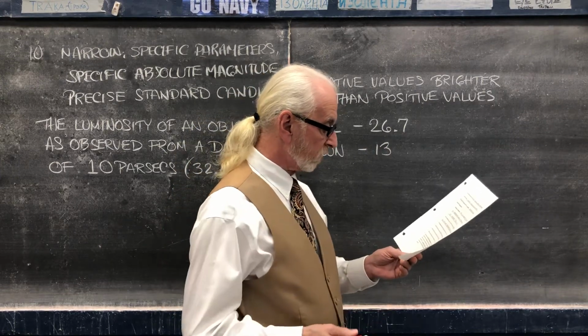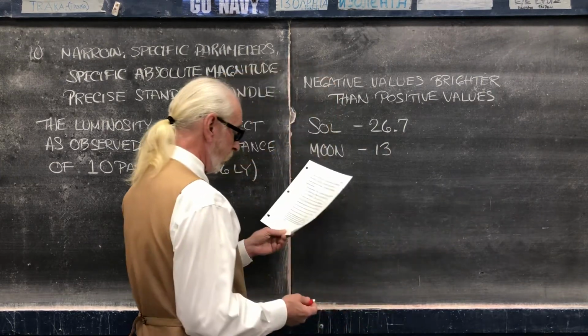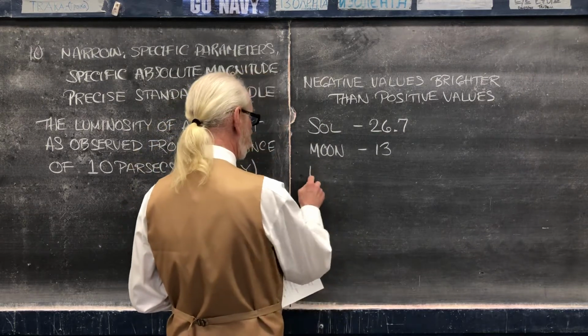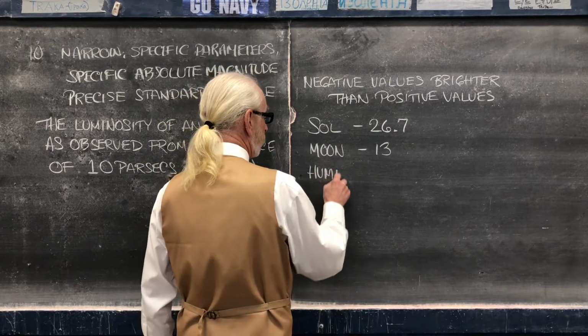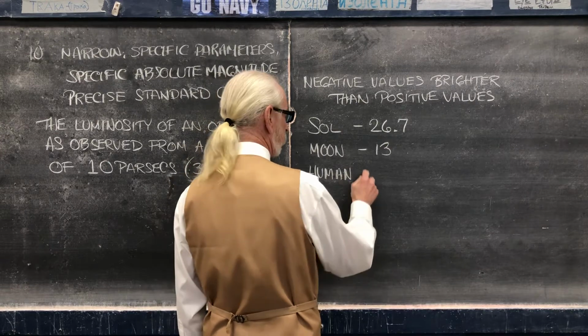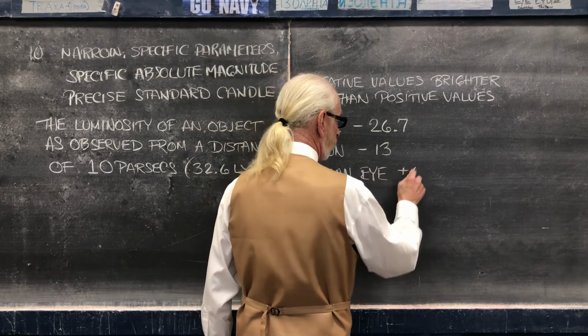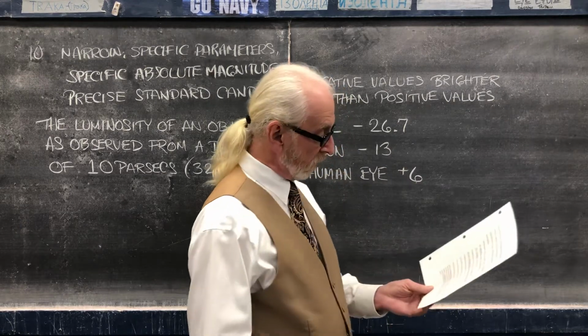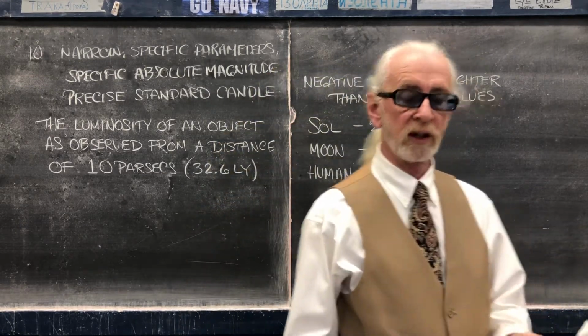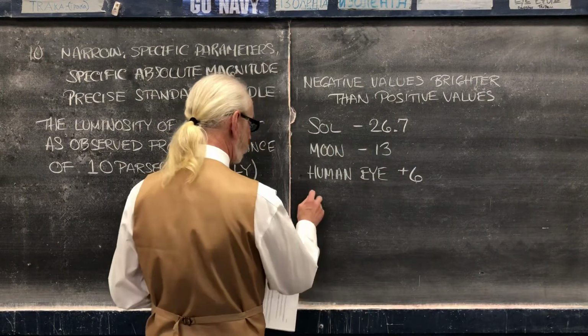The human eye can see no further than magnitude +6. Anything dimmer than that, we can't see it. And binoculars can get your range extended up to +10.